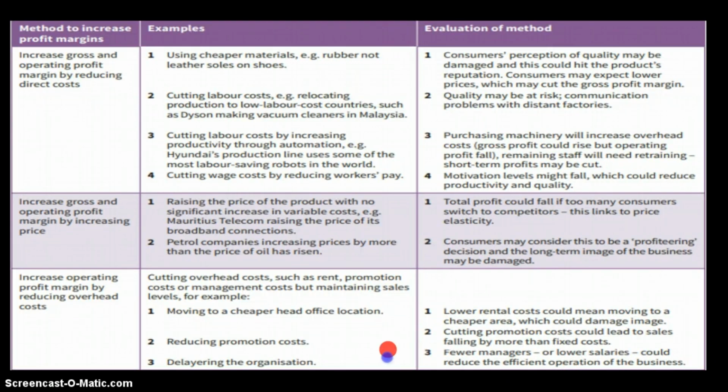But otherwise, where you think that employees won't do too well if you delayer the organization, then that's of course not a good decision. So all of the decisions that I've discussed each have their own side effect. Whatever decision you have to suggest in a particular question, you have to look at the side effect as well before deciding, and then see which of the methods is the most suitable one.